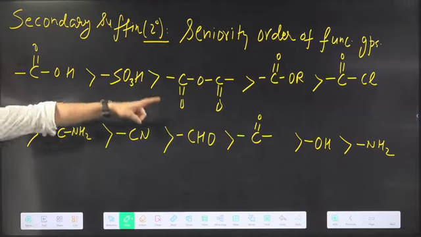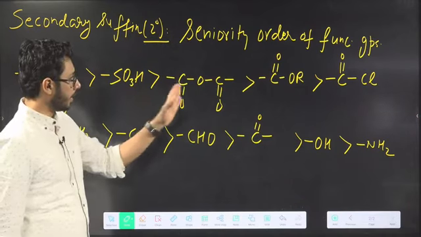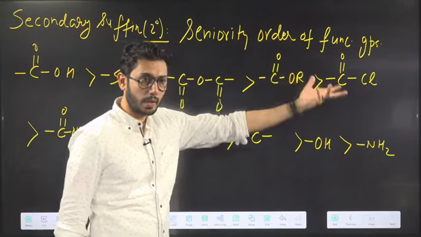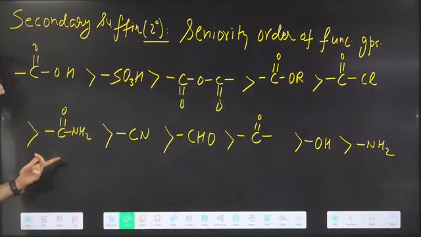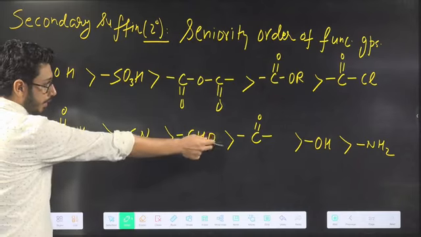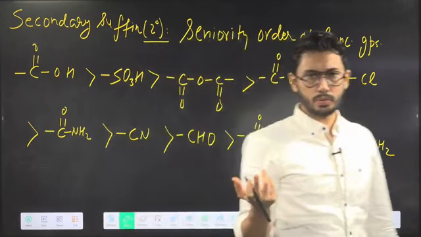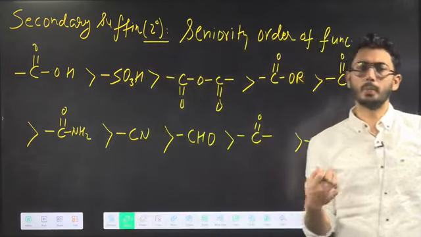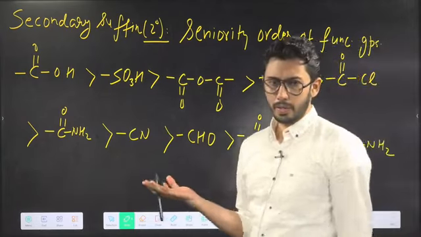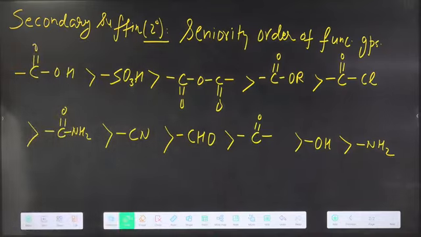It is the seniority order: carboxylic acid, sulfonic acid, acid anhydride, ester, acid halide or acyl chloride, acid amide or amide, cyanide, aldehyde, ketone, alcohol, NH2. Isocyanide is nowhere used in the naming. In the materials you might get other groups, but that is irrelevant. Why learn unnecessary information which is not useful as per the NEET level or NCERT?